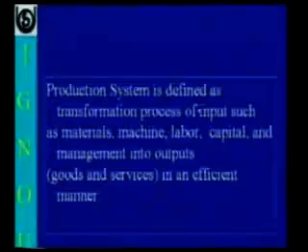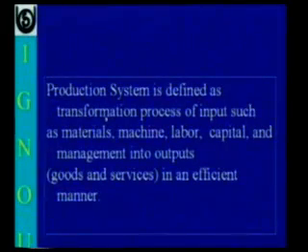The production system is defined as the transformation process of inputs such as material, machine, labor, capital and management into outputs. Outputs may be goods or services, and the transformation should be in an efficient manner.